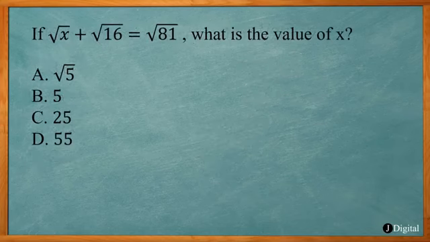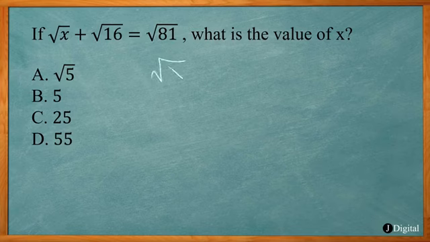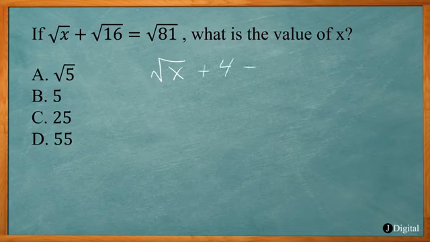So in this SAT problem it says, if the square root of x plus the square root of 16 equals the square root of 81, what is the value of x? Now when we have a square root of a number, we can just evaluate that. So we have square root of x, square root of 16 is 4, 4 times 4 is 16. Square root of 81, 9 times 9 is 81, so 9.